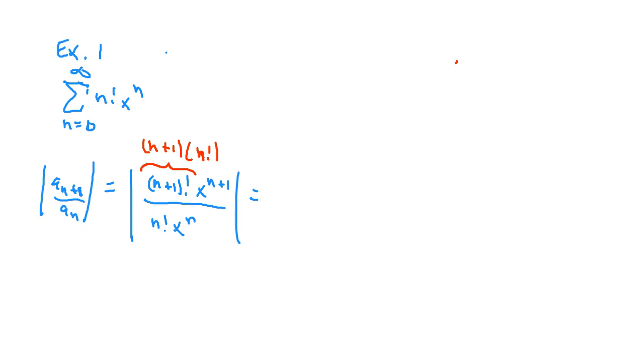It's like if you had 3 factorial: 3 factorial is 3 times 2 times 1. 4 factorial is 4 times 3 times 2 times 1, but that's just 4 times 3 factorial. So n plus 1 factorial can just be written as n plus 1 times n factorial, just like 4 factorial was equal to 4 times 3 factorial.